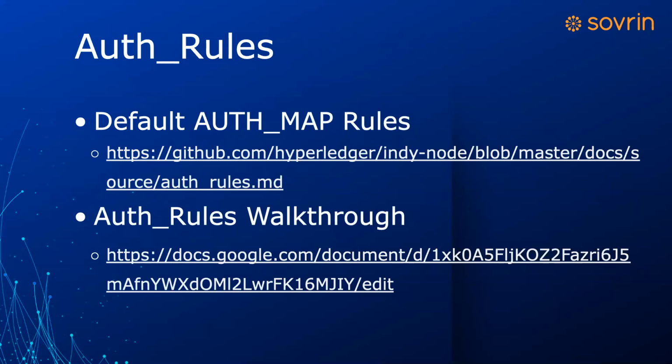So he said, we need to stop that, and they came up with this thing called Auth Rules. These rules are how many signatures of what type of role it takes to do certain actions on the network.